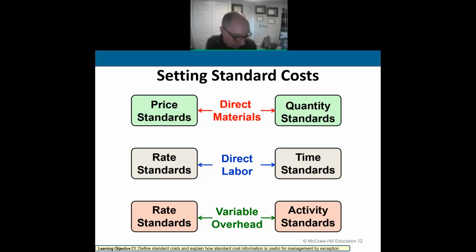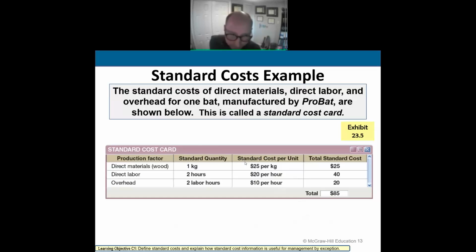The standards are based on the amount of time it takes times the price, or the quantity it takes times the price, or the activity standards times the rate. In other words, I could set a standard rate for direct materials, direct labor, and factory overhead. And those standard rates are what I call standard costs. They're like benchmarks, right? So let's take a look at an example.